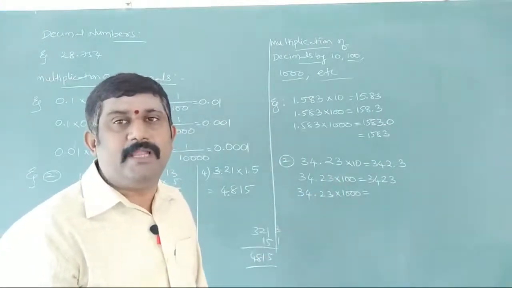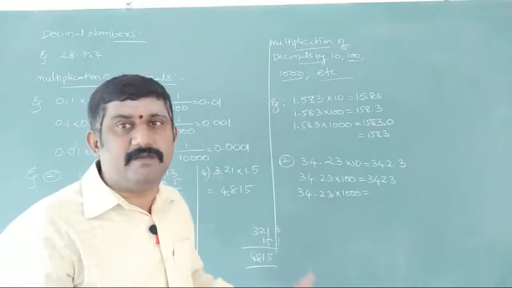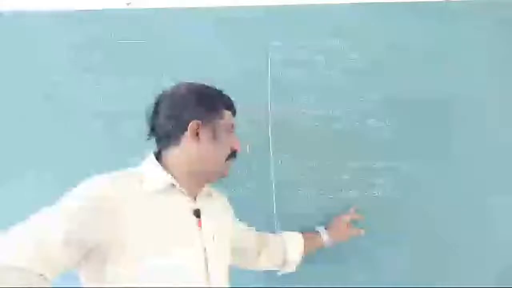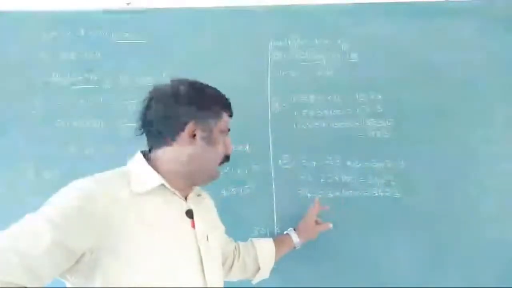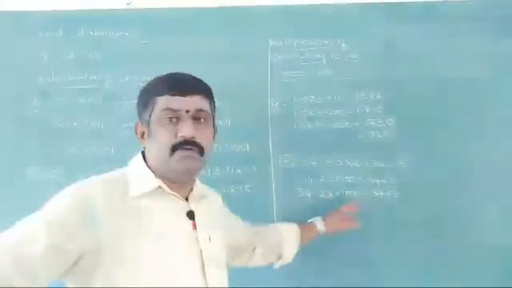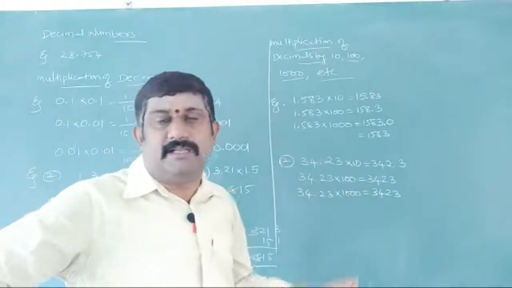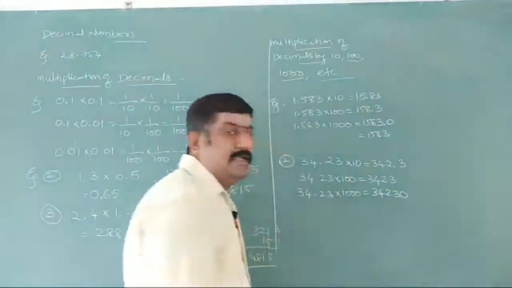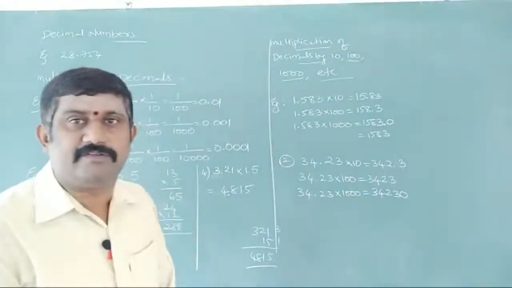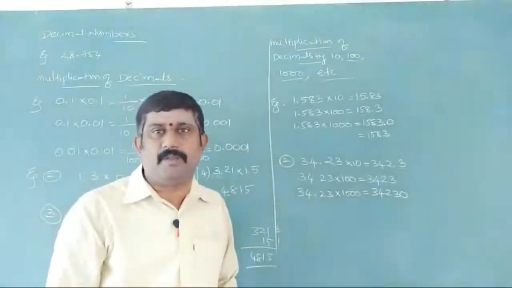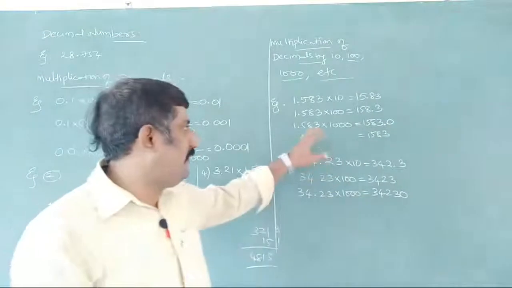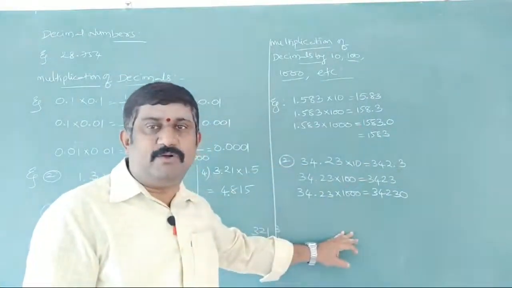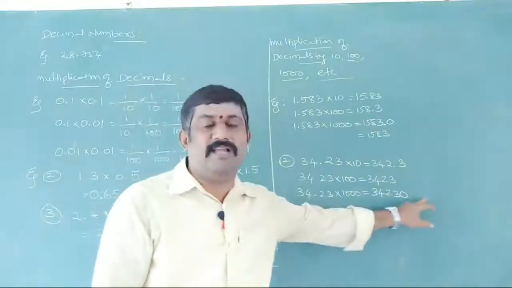Simply keep 0 instead. So we write 2, 3, and for the third one we should keep a 0 here, and it becomes 34,230. Of course, if the number of digits is sufficient, it goes on. But if insufficient, then we have to take zeros as many as we need here.